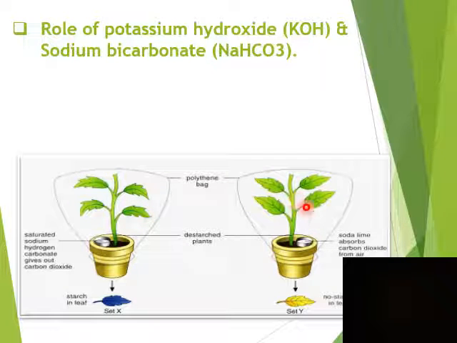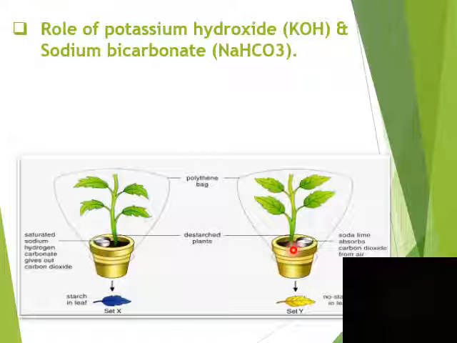The same, but here we have soda lime, in other words lime water, which absorbs carbon dioxide from the air. It is absorbing, fixing carbon dioxide. In other words, this medium will not be available with carbon dioxide because the carbon dioxide that is available is absorbed by the soda lime that is present.